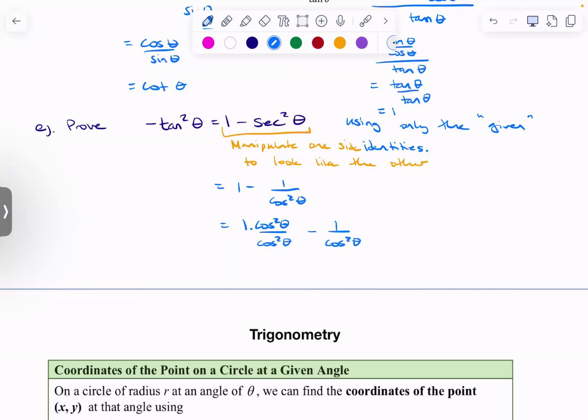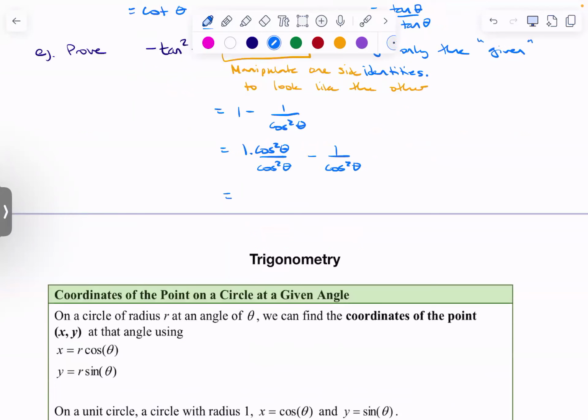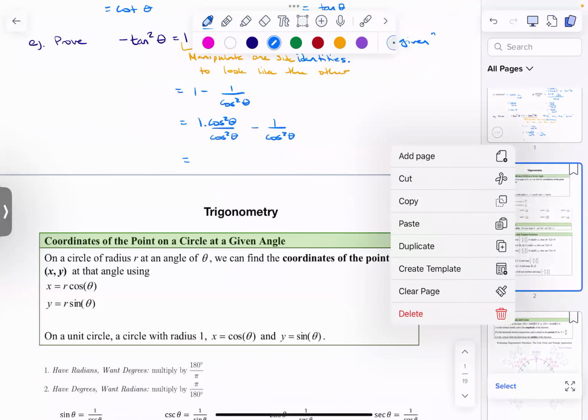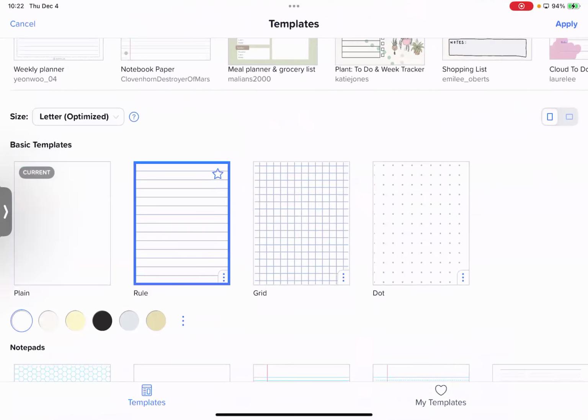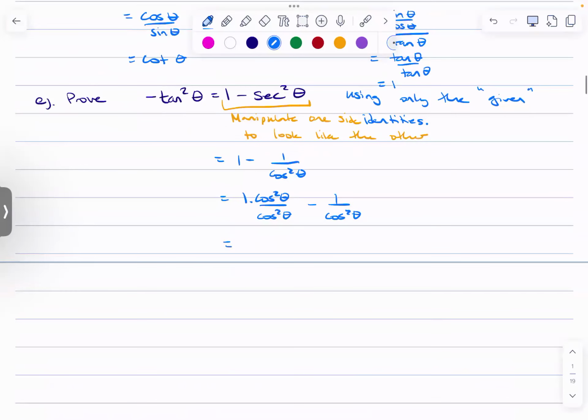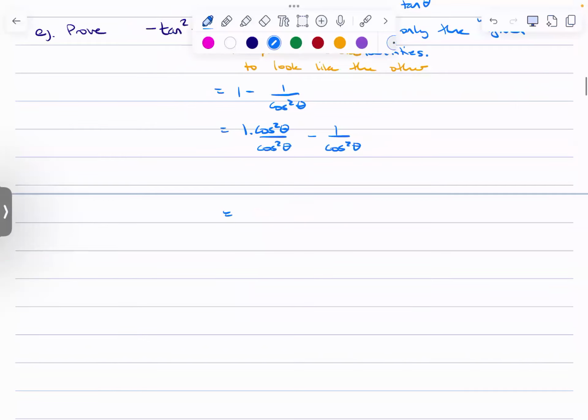But now I can rewrite this. So I get cos squared theta minus 1 divided by cos squared theta, right? I can combine them if I have a common denominator. Now we've seen this cos squared theta minus 1, or some version of it, earlier, right?